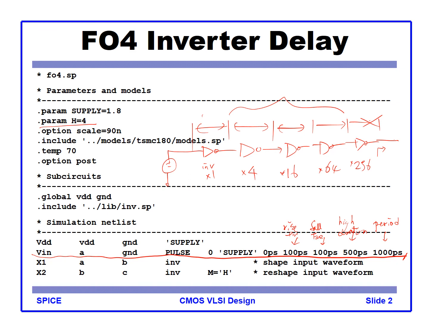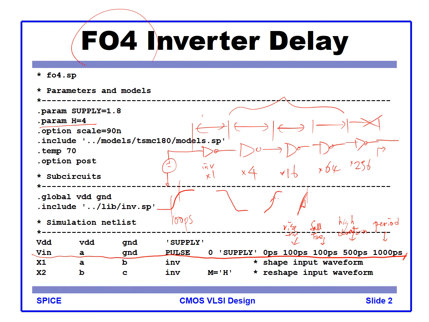Now we will take a look at this case. Since the input rise time is assumed to be 100 picosecond here, we are not sure whether that is really true or not. At the initial edge you will have a 100 picosecond rise time, but as we propagate through the inverter chain, for the fan-out-of-4 case, a finite slope will be settled.